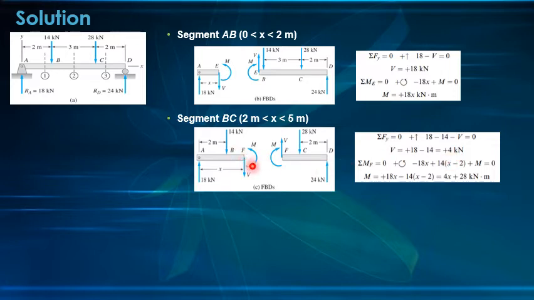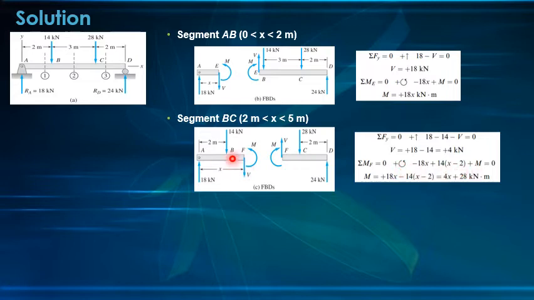We do summation moment at point F. Taking counterclockwise positive, we will have 18 multiplied by x. That is clockwise, so negative. Plus 14, positive, class, because it is counterclockwise. Counterclockwise is what we took as positive here.